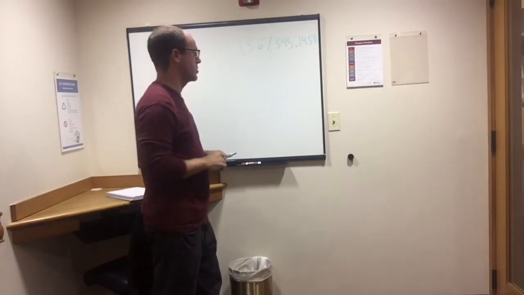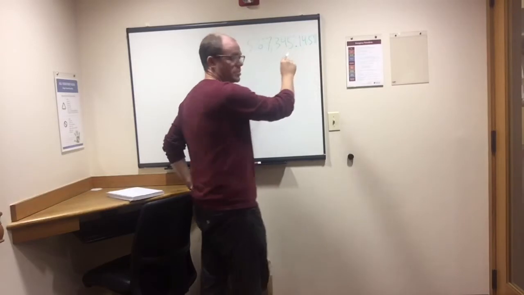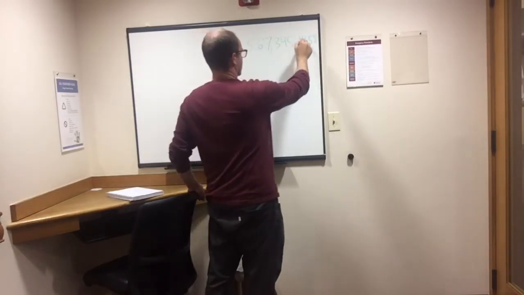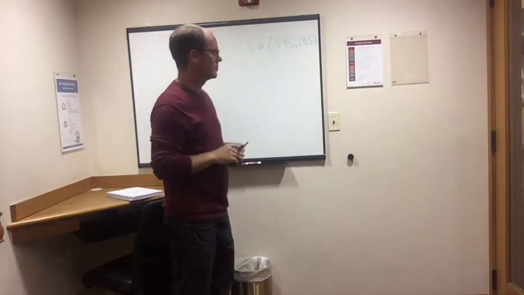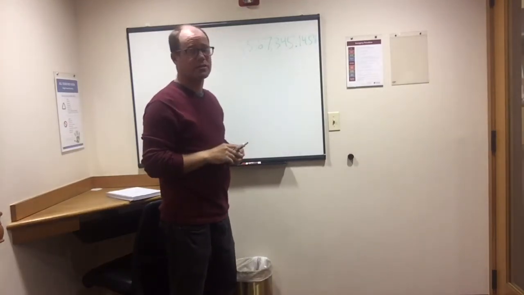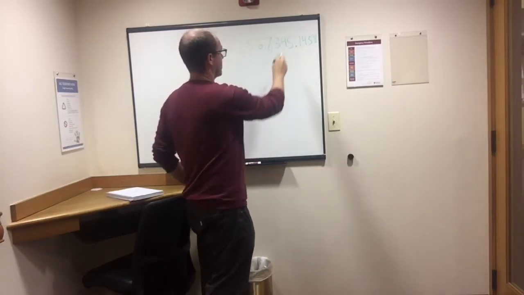1,567,345.1458. We just went over how this 1 is in the tenths place. The 4 is in the hundredths, the 5 is in the thousandths, and the 8 is in the ten-thousandths. Moving to the left, we have these whole numbers.